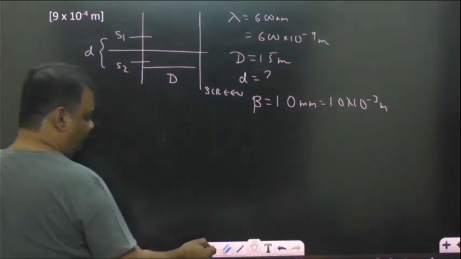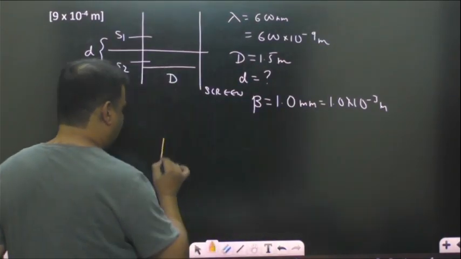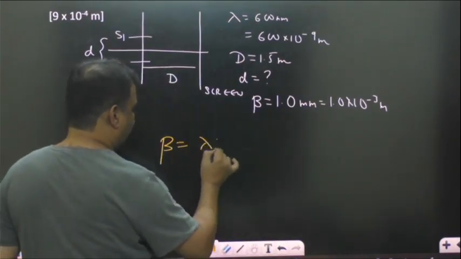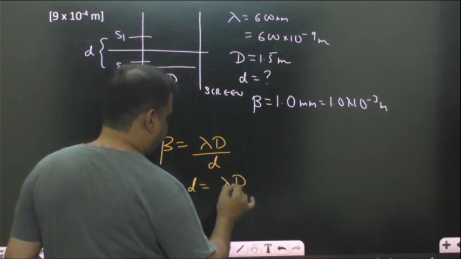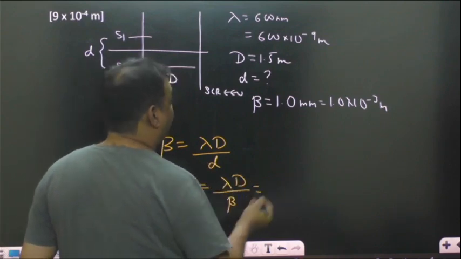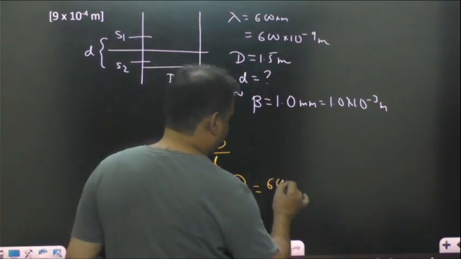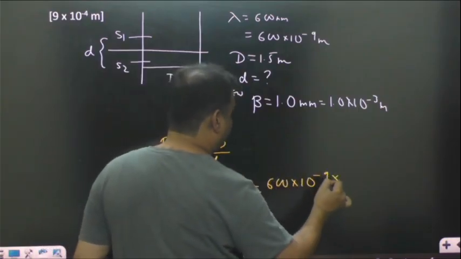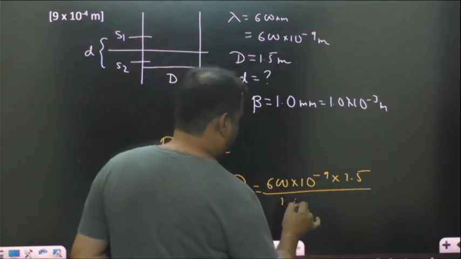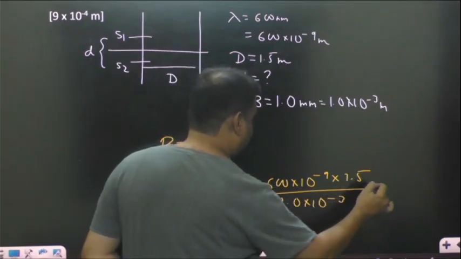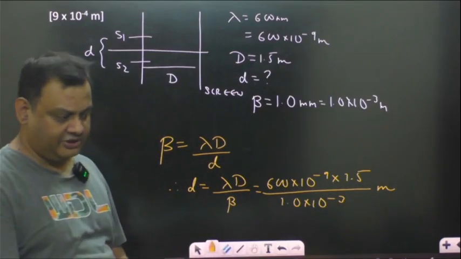Now if you remember the formula for bandwidth, the bandwidth is lambda capital D by small d. So therefore small d will be lambda capital D by beta. What is lambda? 600 into 10 power minus 9. What is capital D? 1.5. What is fringe width? 1 into 10 power minus 3, and you will get the SI unit meter.